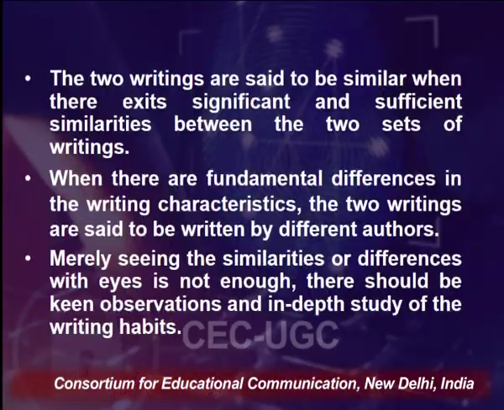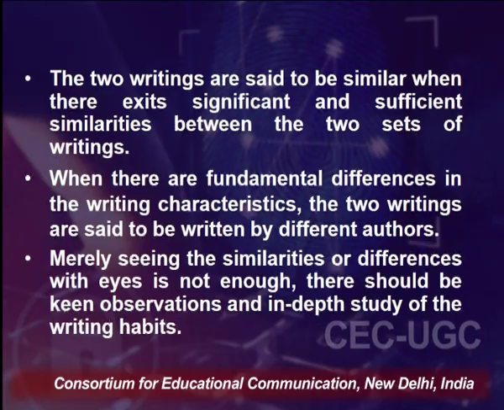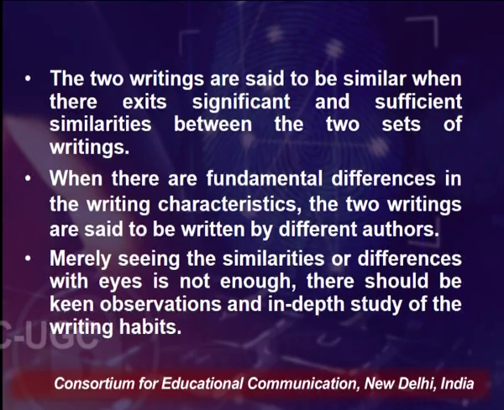Two writings are said to be similar when there exist significant and sufficient similarities between the two sets of writing. So we can say two writings show similarities, but we will not say these two handwritings are identical. When there are fundamental differences in the writing characteristics, the two writings are said to be written by different authors.